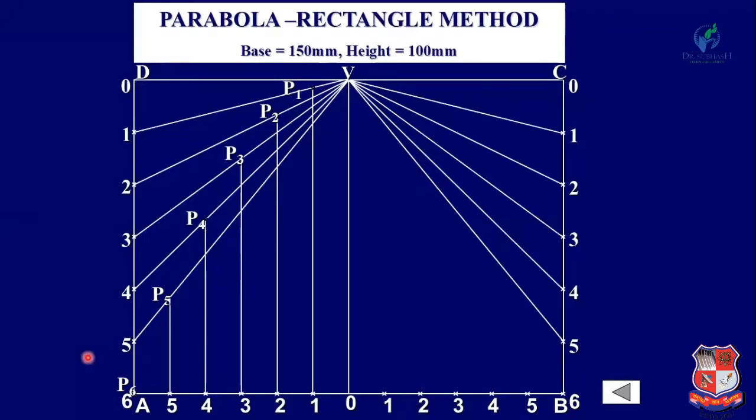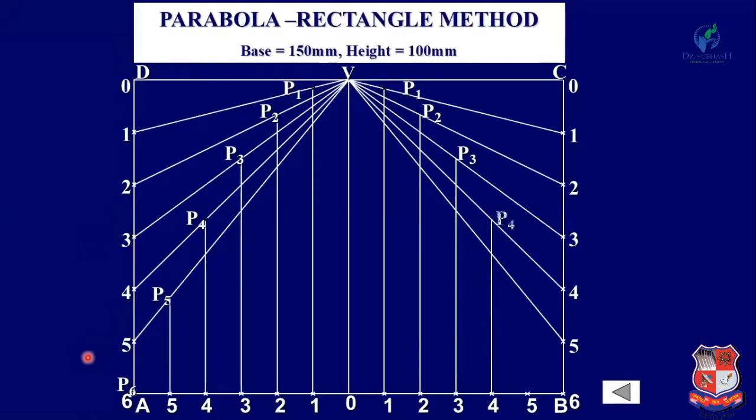Now repeat this process on the other side: P1, P2, P3, P4, P5, and finally P6. Now join all these points by a smooth curve. This curve is known as a parabola, and this method is known as the parabola in rectangle method.